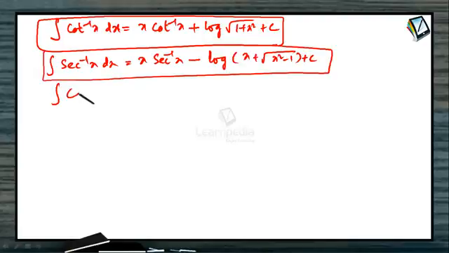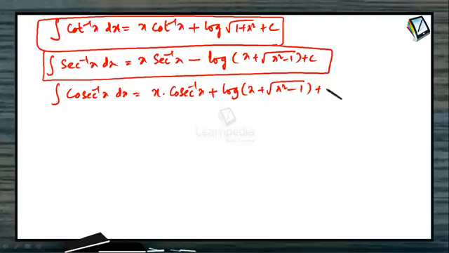Also, the integral of cosecant inverse of x dx is x times cosecant inverse of x plus log of x plus root x square minus 1 plus c.